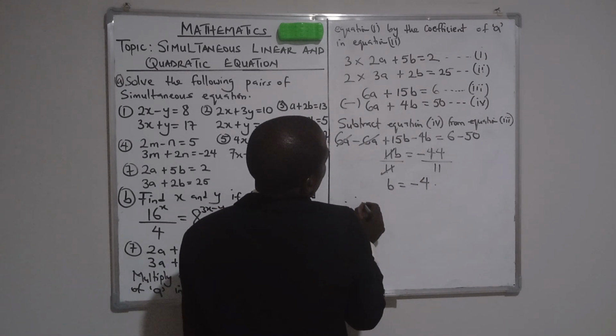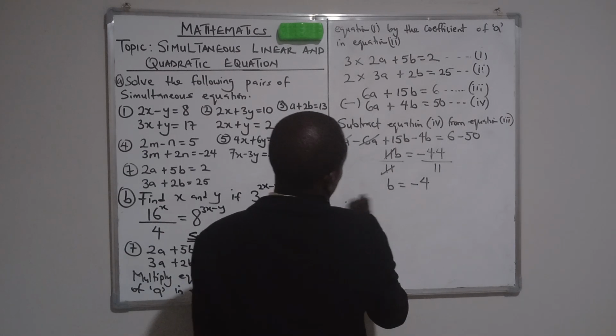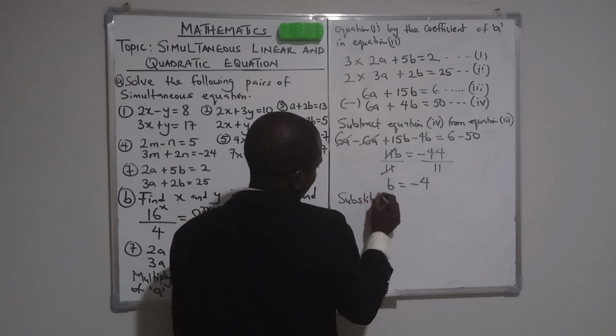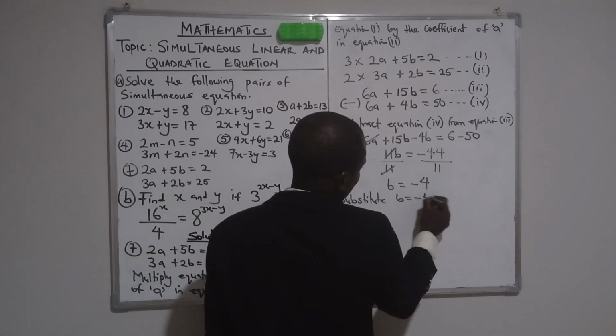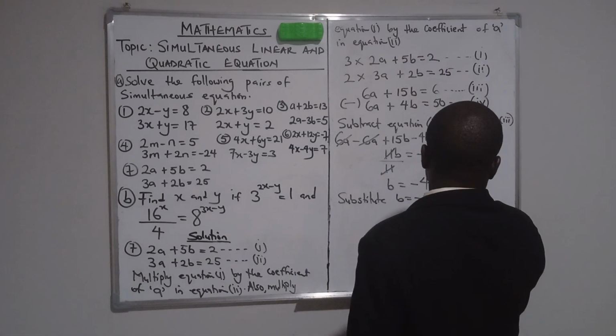Therefore, our B equals to minus 4. Now let's substitute B equals to minus 4 in equation 1.